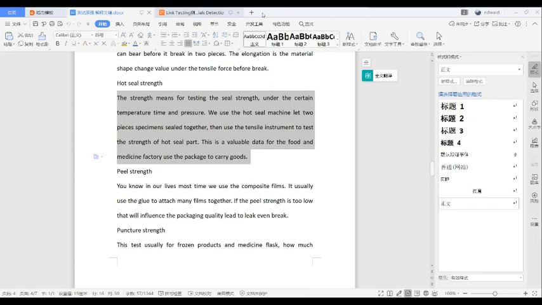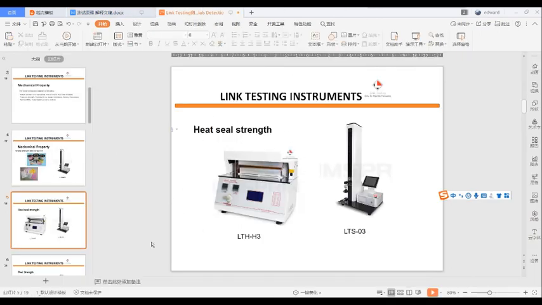So we use this heat seal machine to confirm the temperature, pressure, and time to heat seal the pouch, and then use the tensile tester to pull them and break them, and to get how much force, how many newtons, the heat seal part can bear. So if the food or packaging factories want to get the heat seal strength, they must use the heat seal tester and the tensile tester together to get this data.